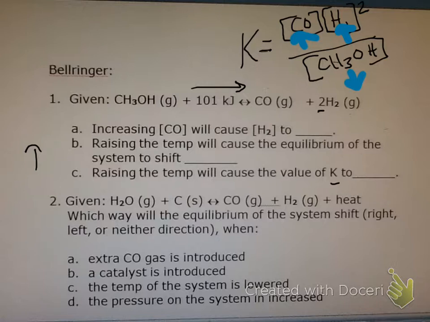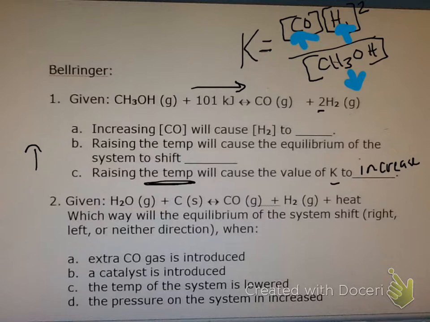So if I have things on top going up, getting bigger, and the number on the bottom getting smaller, what's going to happen to K? It is going to increase. Now remember that K is a constant. It is the equilibrium constant for that reaction, so it's always the same unless we have changed the temperature, and that's what we did here.